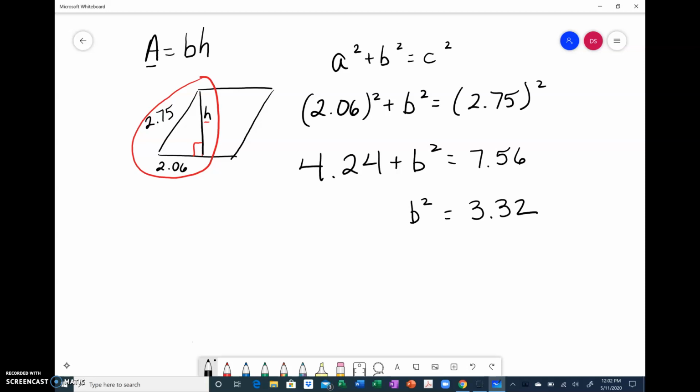And then technically, you should probably approximate the square root by yourself, but since I'm not going to tell you how to do that part on the calculator, that's up to you.